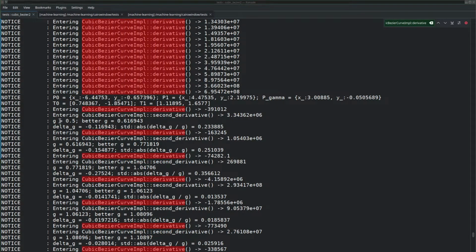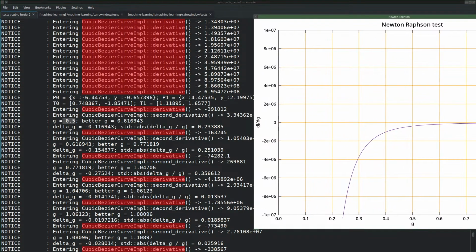We start with the guess as a half, and indeed, it goes to 0.6. So in a half, draw a straight line, hits in 0.61. So that would be somewhere here. That kind of seems correct.